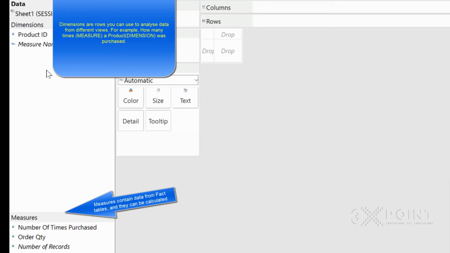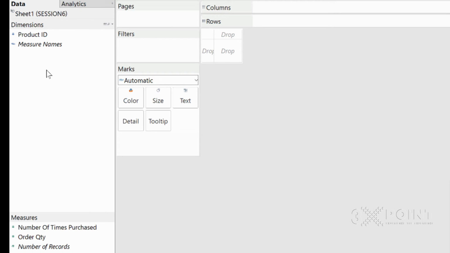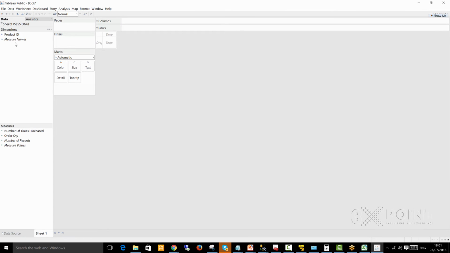But that doesn't mean that dimensions cannot be numbers. They can be numbers sometimes. For example, your dimension can have ID. Product ID can be a dimension. But obviously you can't say you want to add product ID together. That doesn't make sense. You can't add IDs together, but you can add the number of times a product was purchased together. Does that make sense?